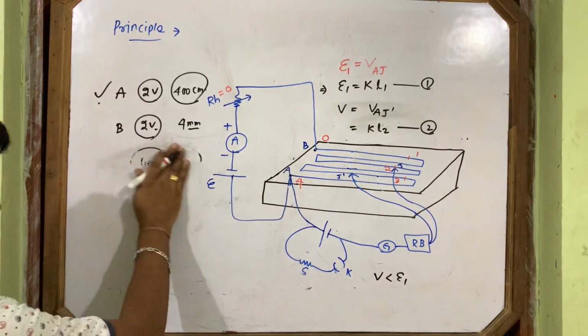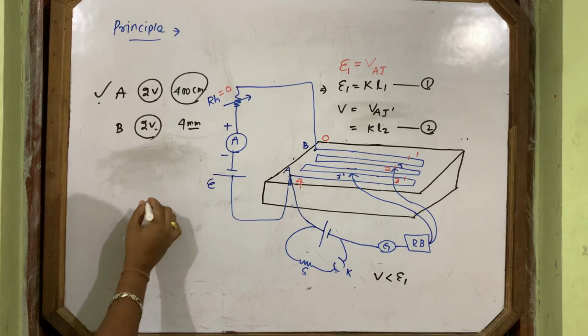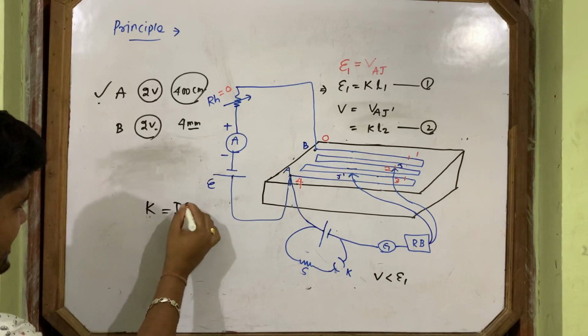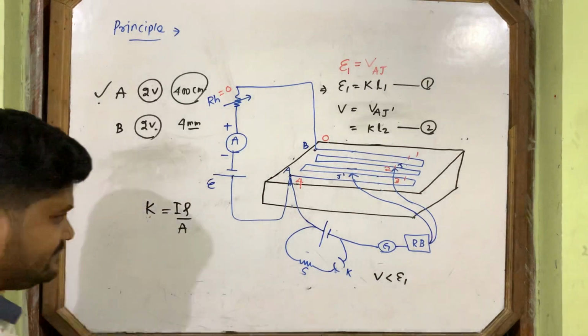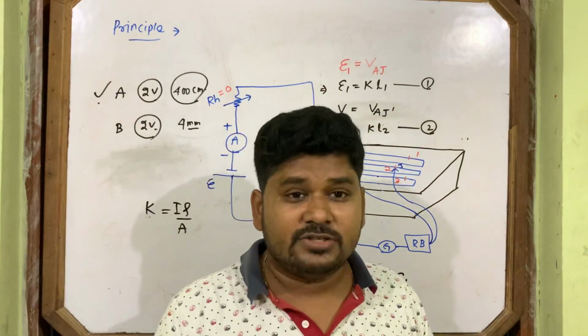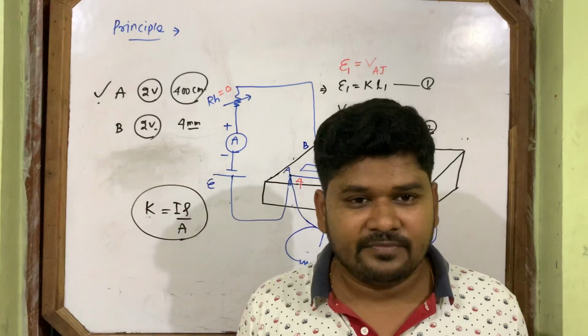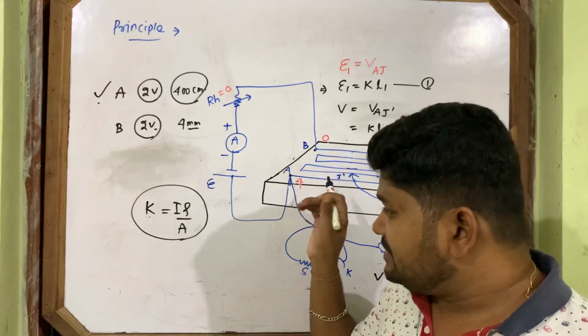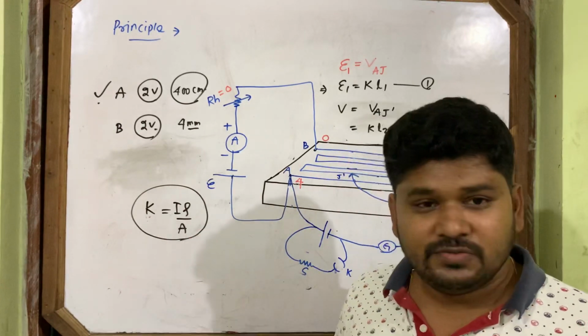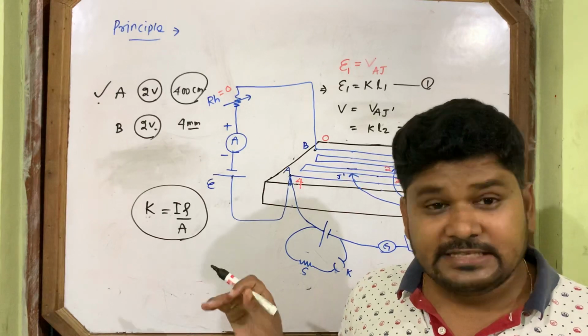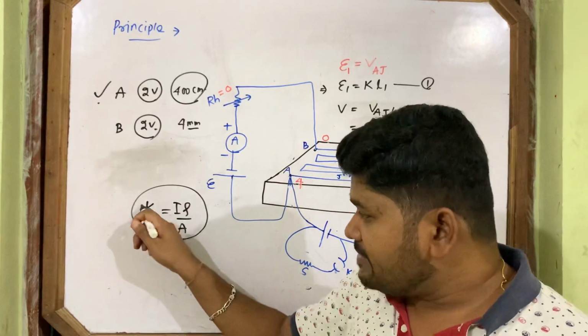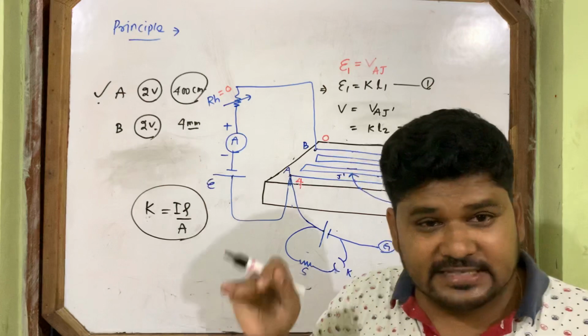K is also I rho by A. So if sensitivity is less, what do you have to do? Sensitivity is less means K value is more. We have to decrease K.